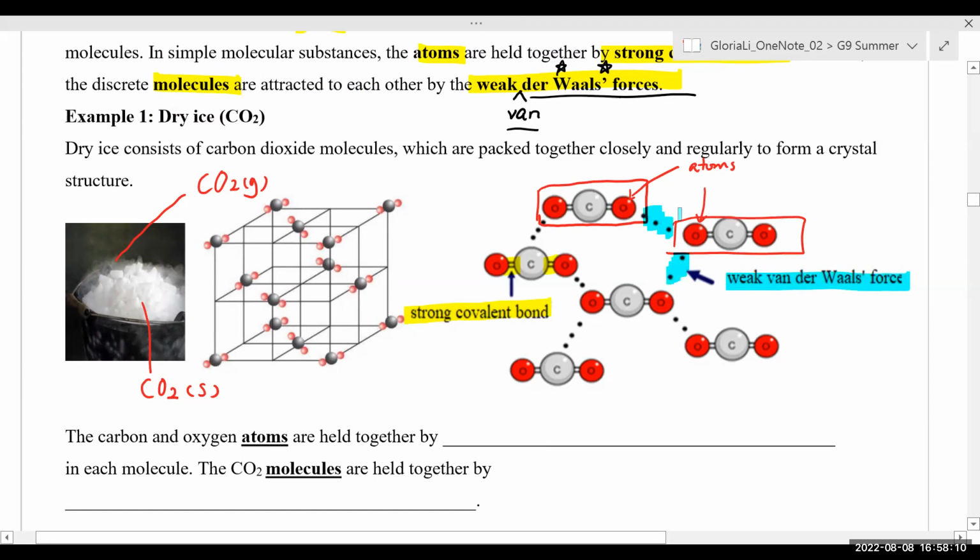Weak van der Waals force is created due to the electrons in the molecule. For more detailed explanation, it will be introduced at the end of this school year. So at that moment, you just need to know that weak van der Waals force exists between all kinds of molecules, any kinds of molecules.